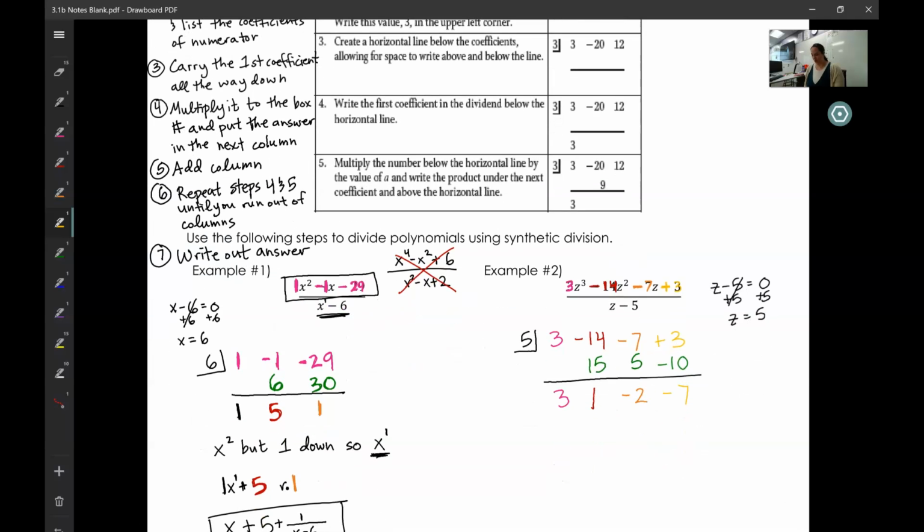Step 7 is writing out my answer. So this particular one, look at the numerator, and the biggest exponent the numerator uses is z cubed. But my answer is going to go 1 down, so z squared.